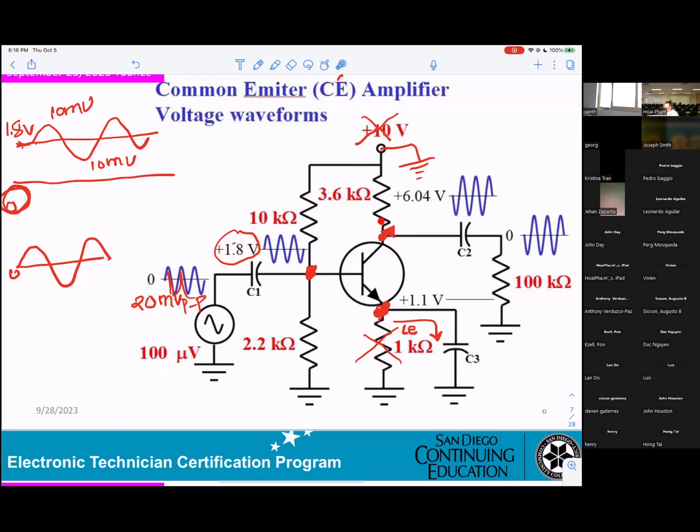At the collector, you get a sine wave and also a DC. However, at the output to the load, you don't have any DC anymore. You get only the sine wave. That's very good for the student when you try to troubleshoot.